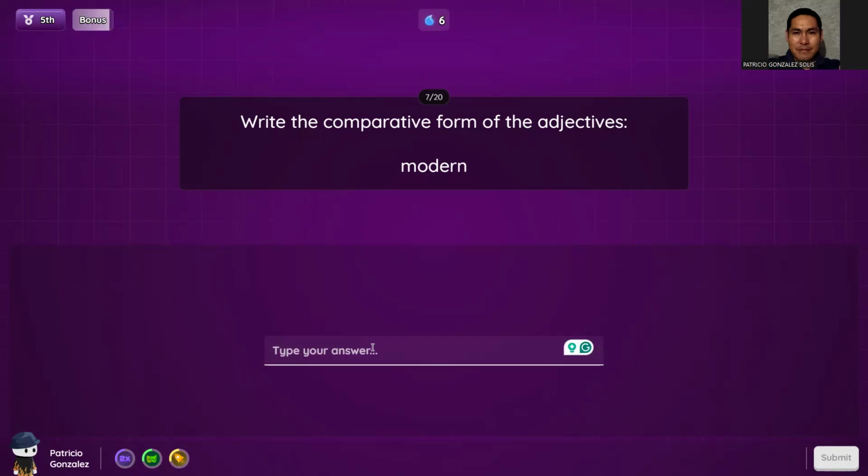Modern. This is moderner? Yes. The second, it is more modern. More modern.